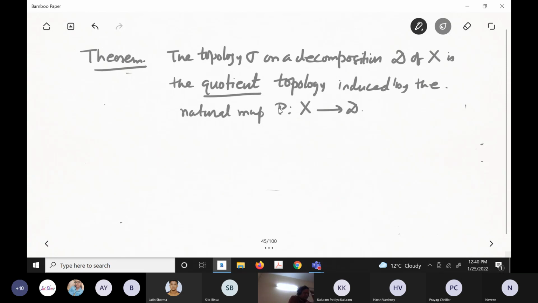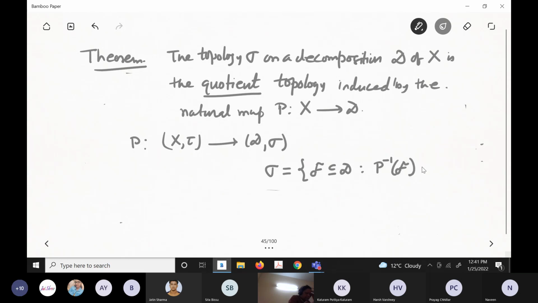That means you have to show what? You already have a topology here on X, and here you have D with sigma. You will have to show that sigma is this one. Look, you will have to see how I defined the topology.